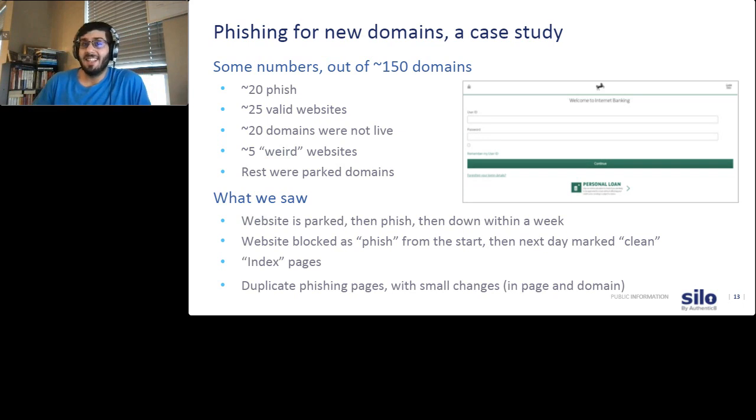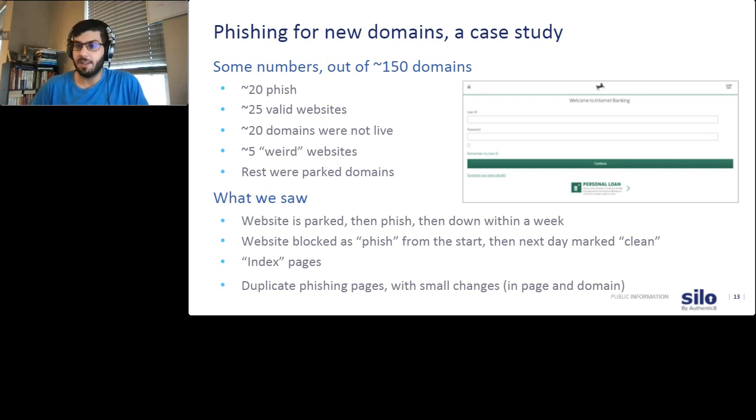Looking at these statistics, there were some interesting things we noted. One of the things was websites that were not available one day were available the next day as a phish. This actually includes some websites that were immediately blocked. We're talking about day one, they got blocked for looking like a phish.